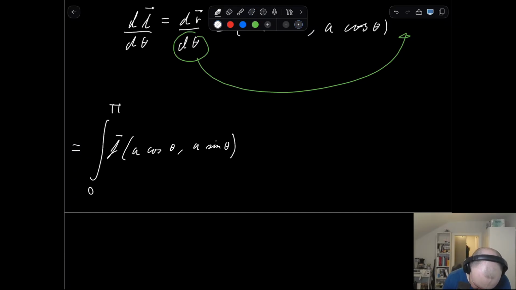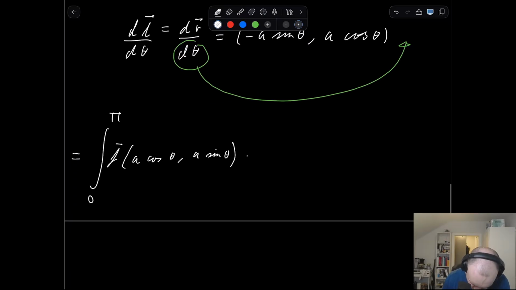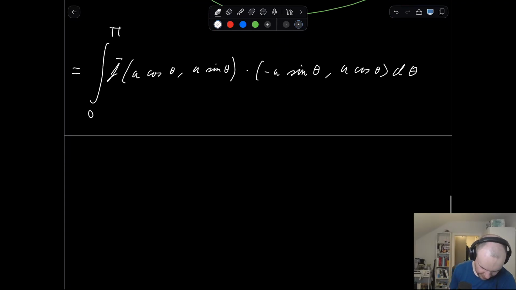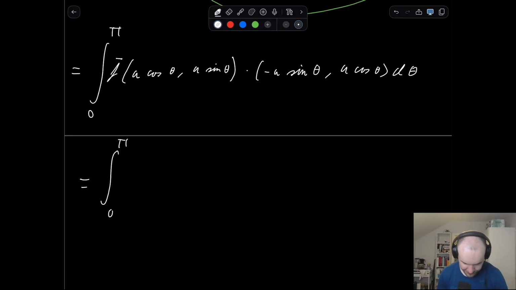This is r, of course, and now I have to dot it with dl, and dl is just minus a sine theta and a cosine of theta, and of course we have the d theta. So now everything is looking fine and good. Then we have from 0 to pi.